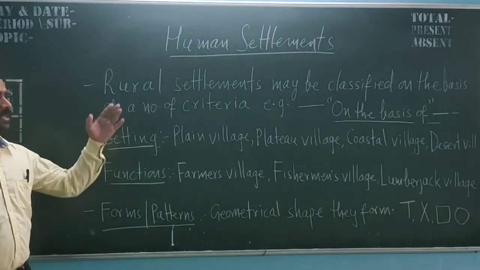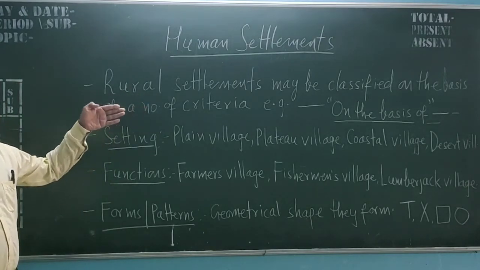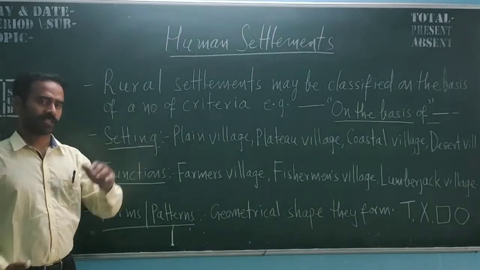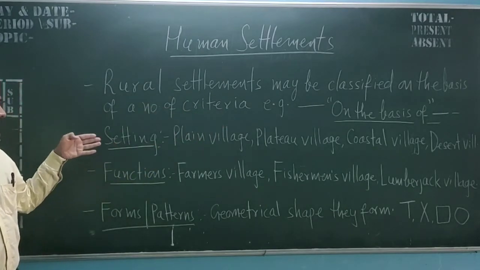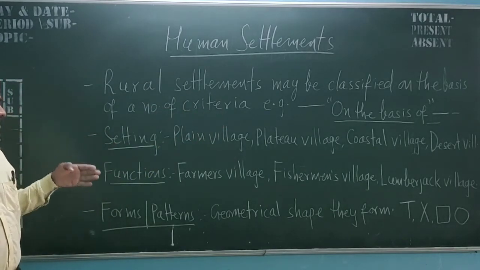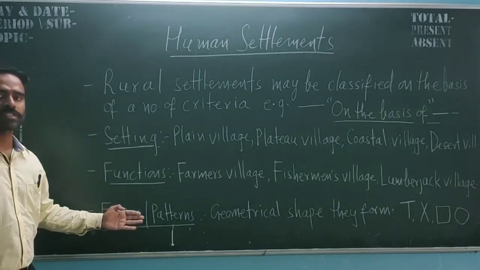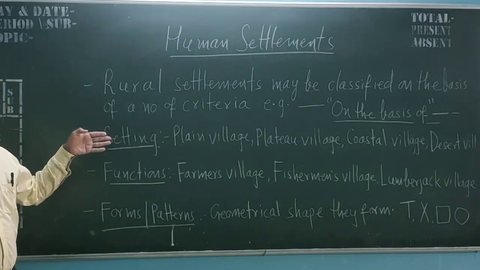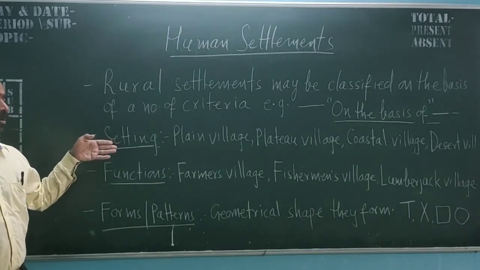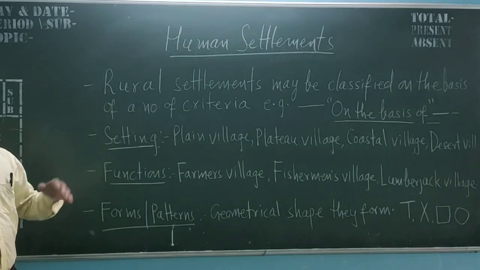Rural settlements may be classified on the basis of a number of criteria. For example, on the basis of setting, on the basis of functions, or on the basis of forms and patterns. First of all, rural settlement classification on the basis of setting.